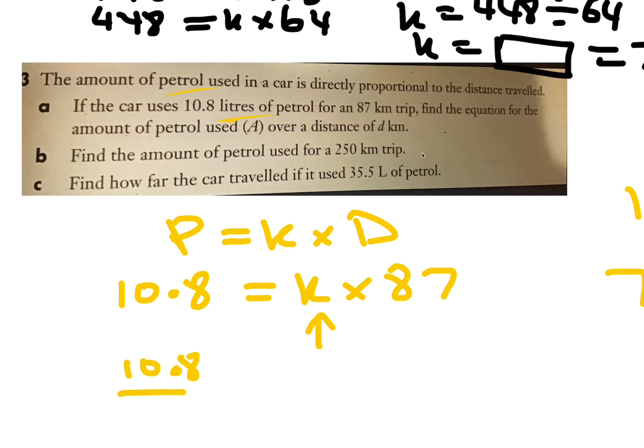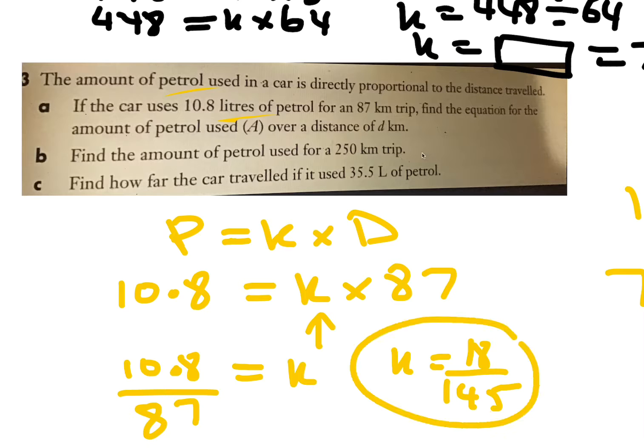So 10.8 over 87 equals K. So 10.8 divided by 87. And I'll just do it as a fraction. So K equals 18 on 145.